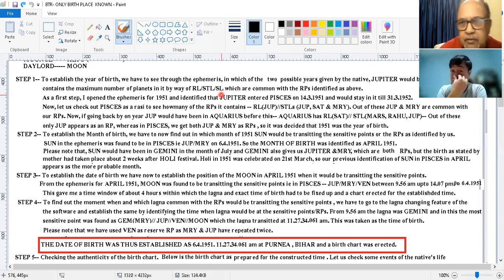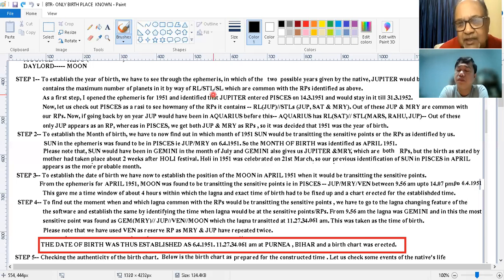We have to see where Jupiter was in 1950 and 51, and in which of those years Jupiter would be either in one Rashi or it could be in two, because it remains in one Rashi for 12 to 13 months. So it could have crossed into another Rashi during that year. If we are getting two Rashis, or two zodiac signs, out of that we have to see which are the star lords that are coinciding with our ruling planets.